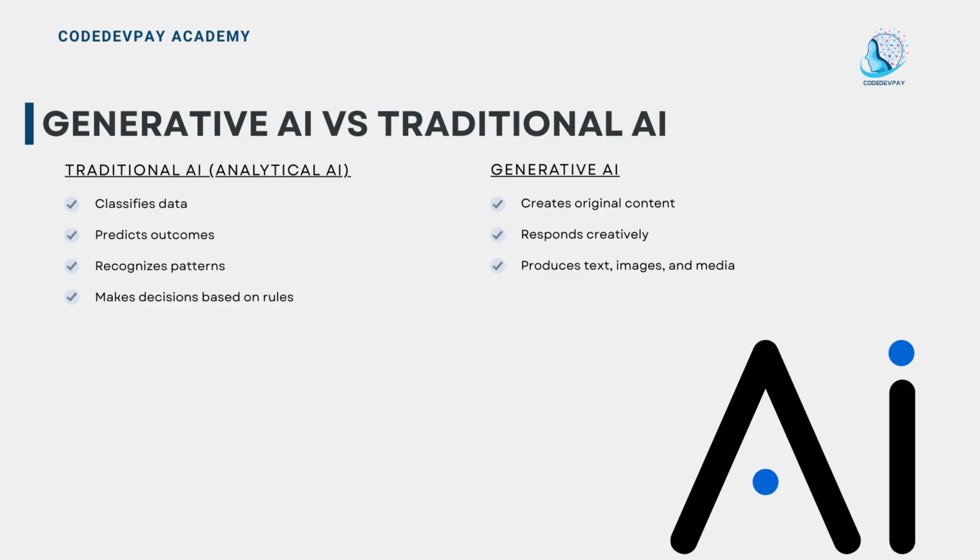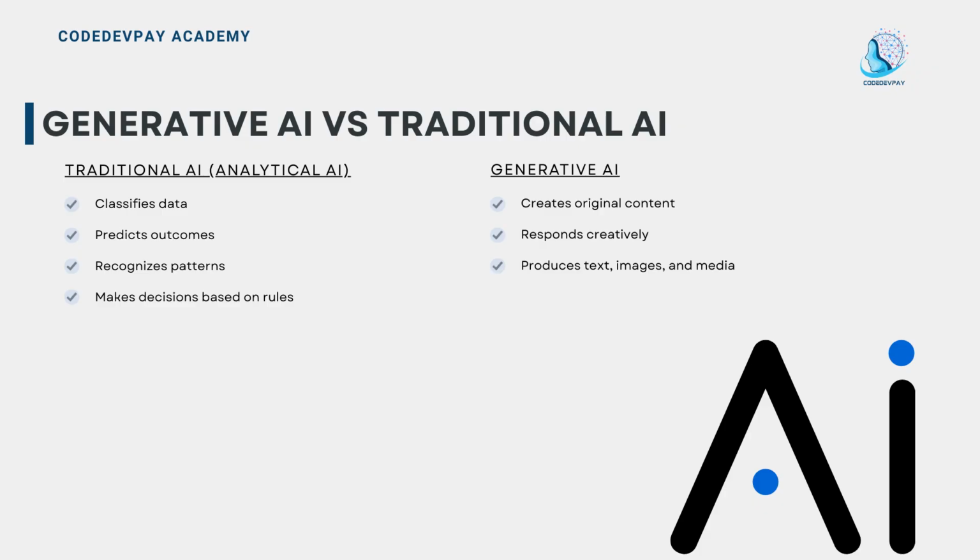Examples are chatbots that write essays, image generators that generate artwork, and AI that composes music. Traditional AI answers yes or no. Gen AI answers how and what, and it can also create.